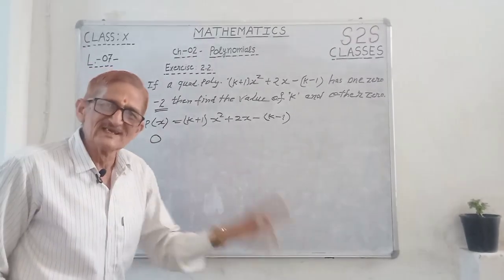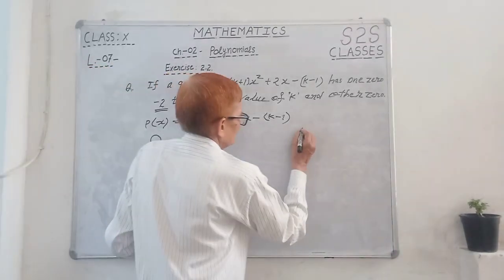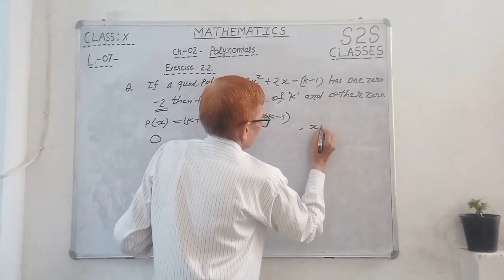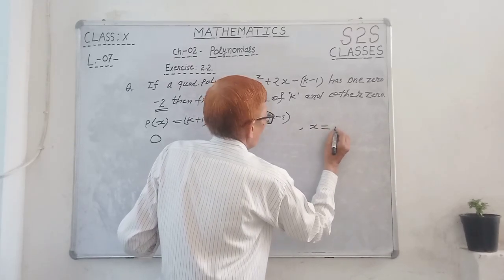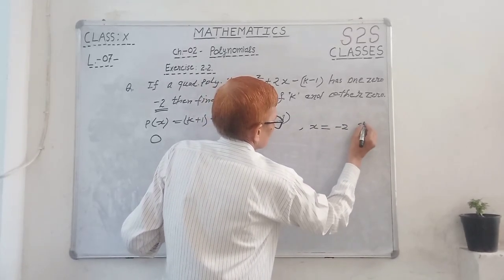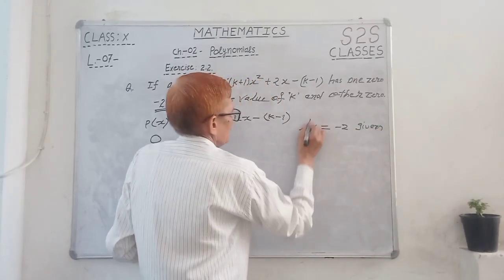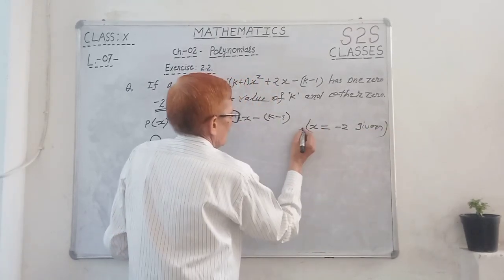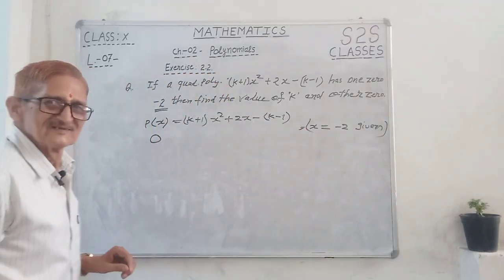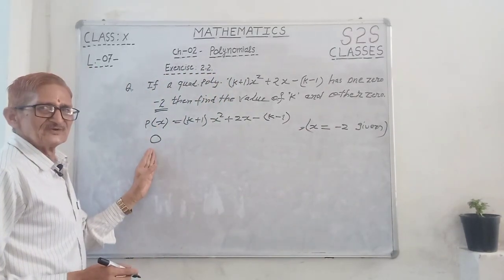On its each zero, that is value of x, what is that? Zero is given, that is x is equal to -2 given. One zero is given, it means value of x is given, alpha is the value of x where polynomial becomes 0.